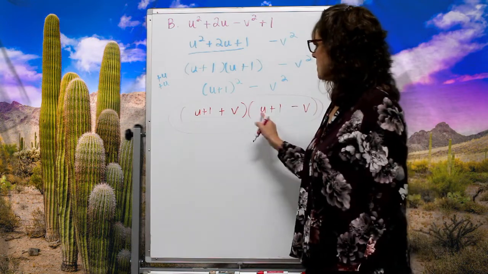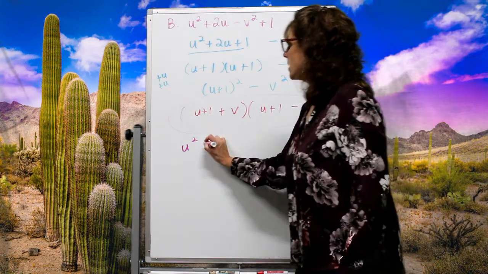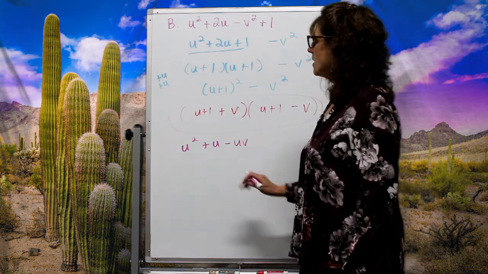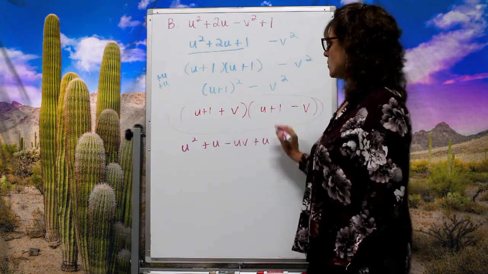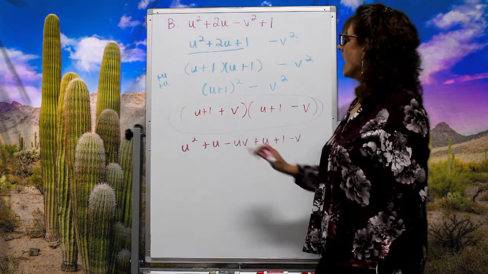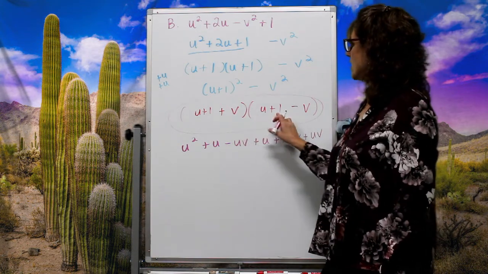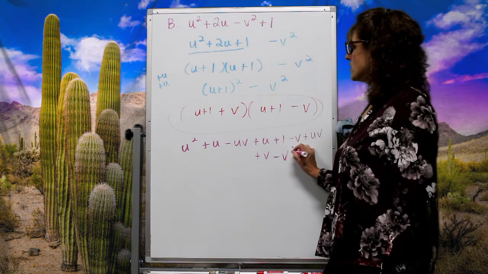When we do u times u, we get a u squared. When we do u times 1, we get a plus u. And u times negative v is a minus uv. And then here, 1 times u is u. And then 1 times 1 is 1. And 1 times minus v is a minus v. And then here, v times u is a uv. And then v times 1 is v. And then v times minus v is a minus v squared.